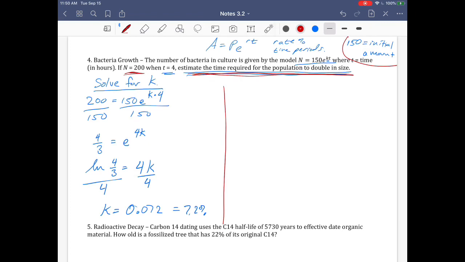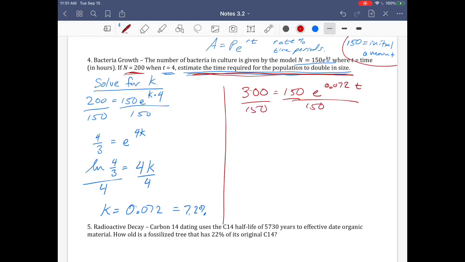What we're looking for, keeping in mind that 150 is the initial, is how long does it take to reach 300? So with a growth rate of 0.072, how many time periods t does it take to get from 150 to 300? All right, so solve it in the exact same way as we did in the left-hand column.